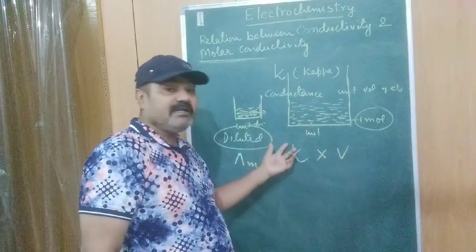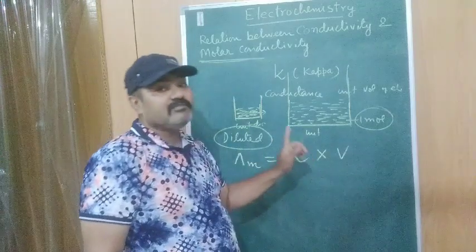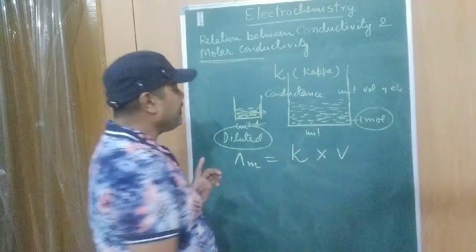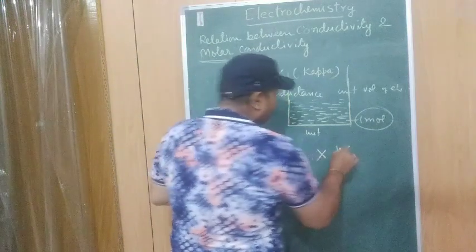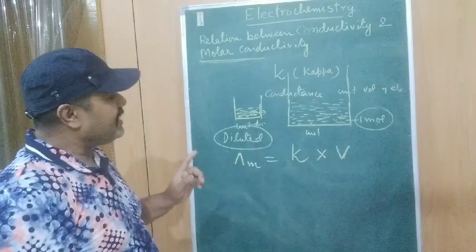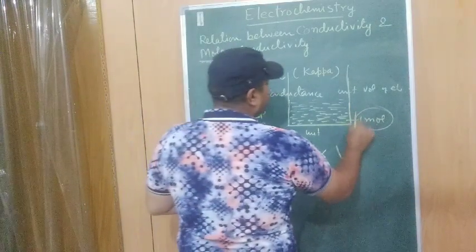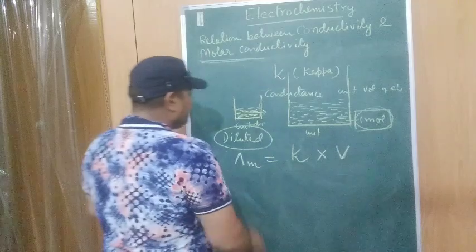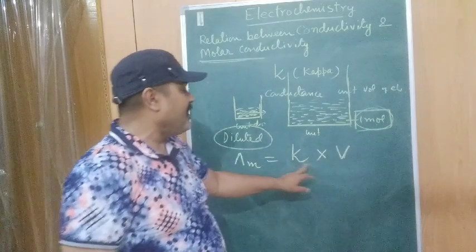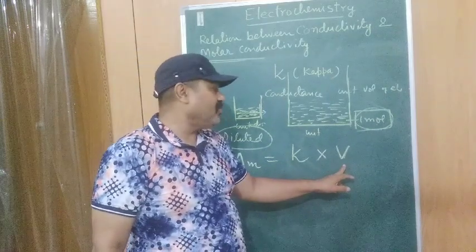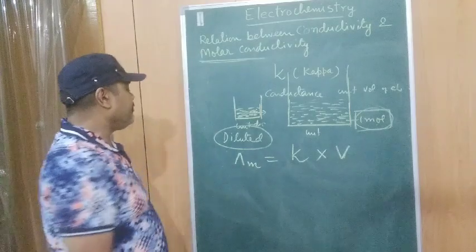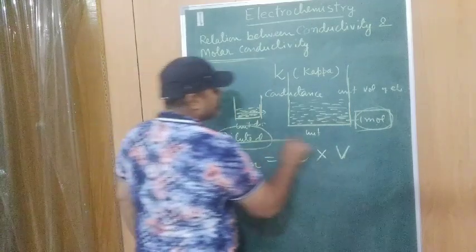Kappa is conductivity, or you can say the conductance of the unit volume of the electrolyte, and this V is the volume of that electrolyte which contains 1 mole of the electrolyte. That's why the product of this kappa and the volume which contains 1 mole of the electrolyte gives the value of the molar conductivity.